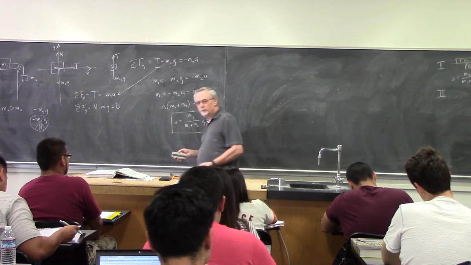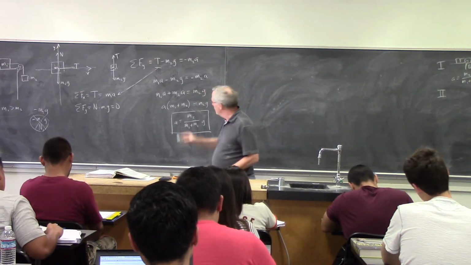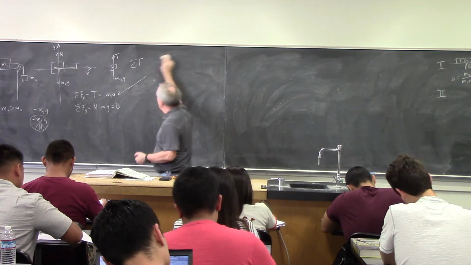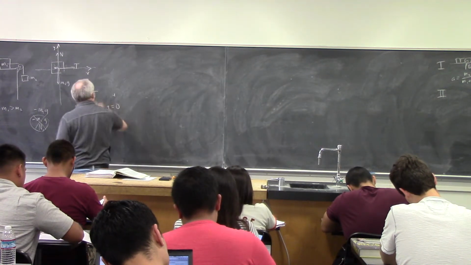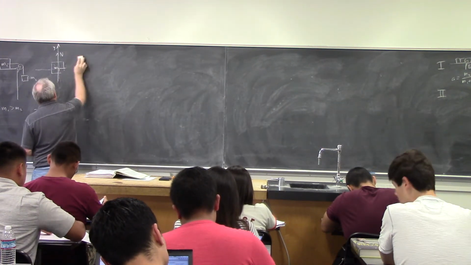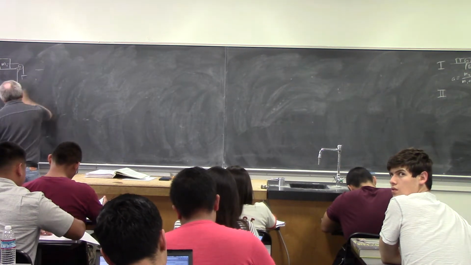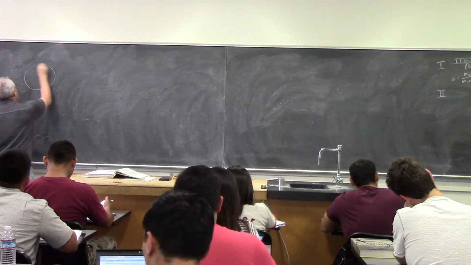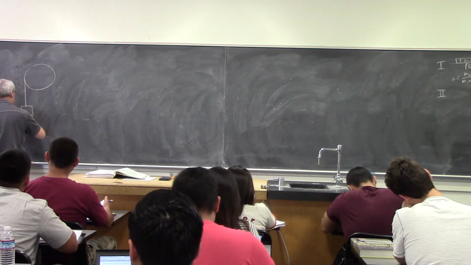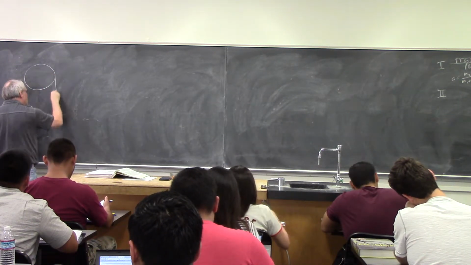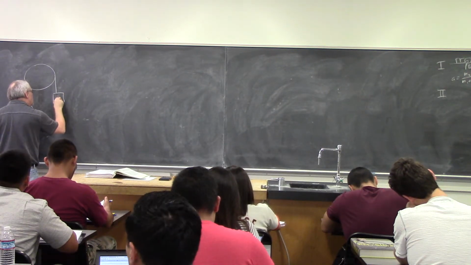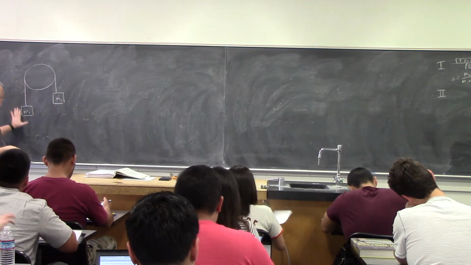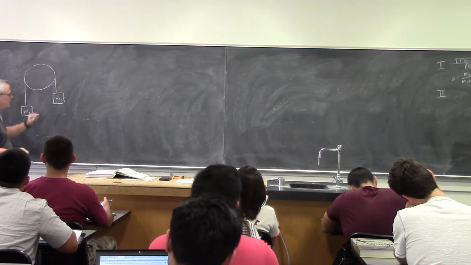Now, you all have your notes from last time? So rather than read or write this, it's in your notes, and because we have short time, I just want to put the answer up. For the machine, I've got two different masses.